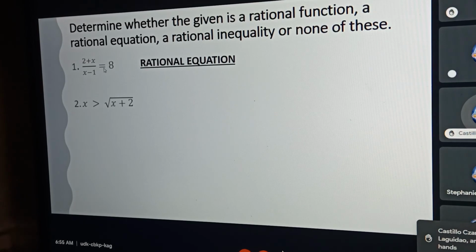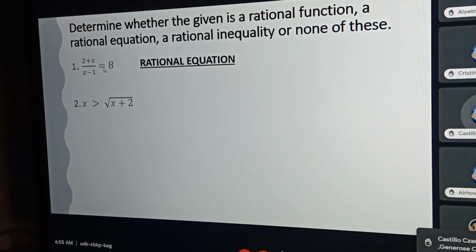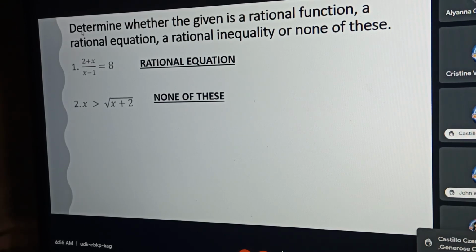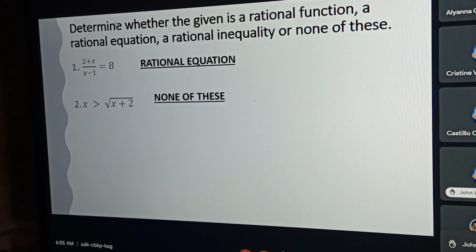As I said earlier, identify first whether the given expression is a rational expression or not. How about Gayapanaw? None of these po. That's correct, because we have a radical sign. Therefore, when there is a radical sign, our expression is not a rational expression.